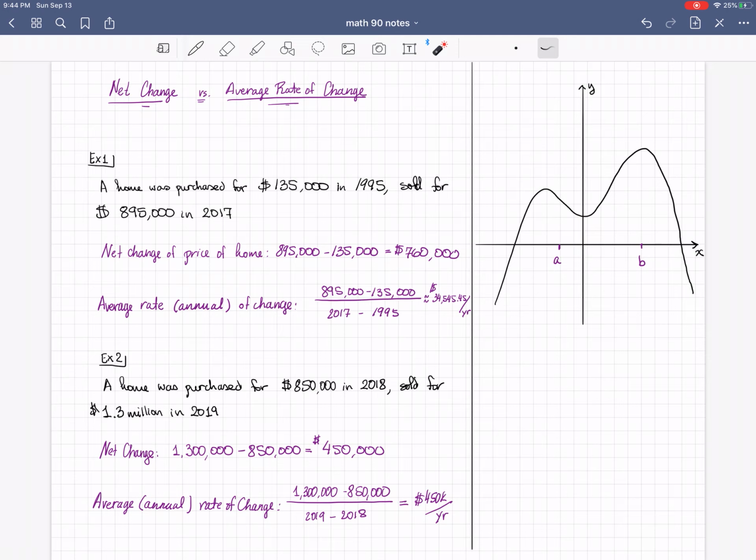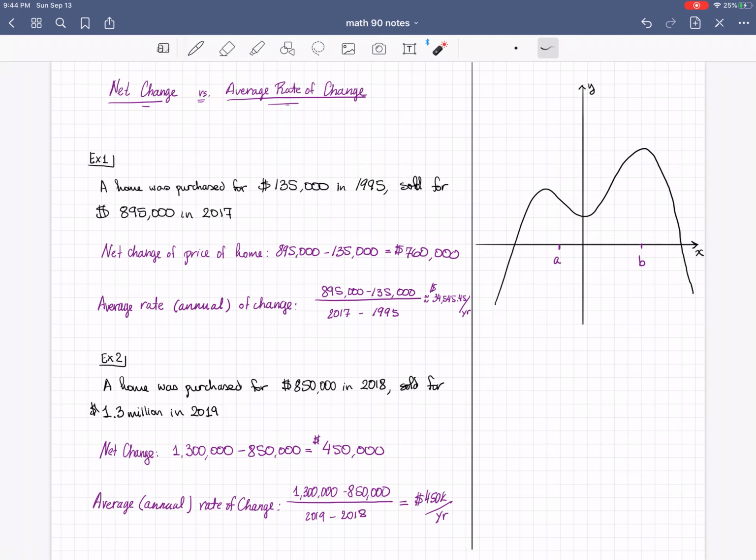So whoever these buyers were, they bought a great house that worked for them, and they were able to do so in a way that actually ended up making them a little bit of money at the end of their tenure in that house. But they were not doing this from an aggressive investment standpoint. In the second example, this is an aggressive investor.